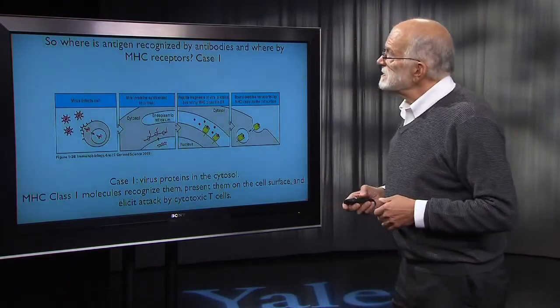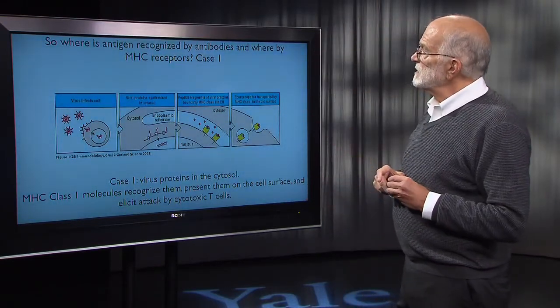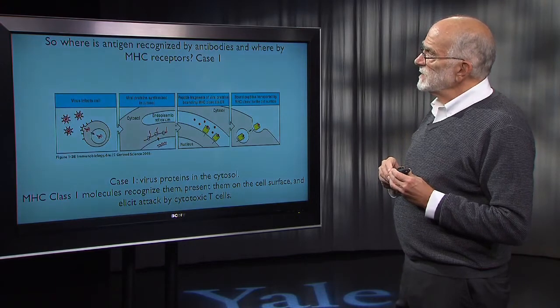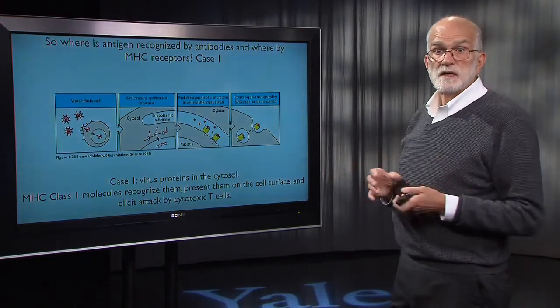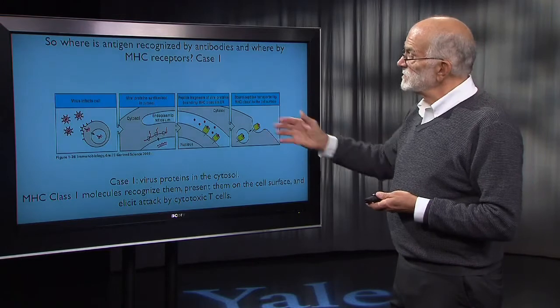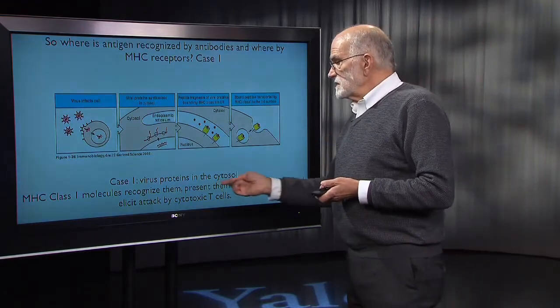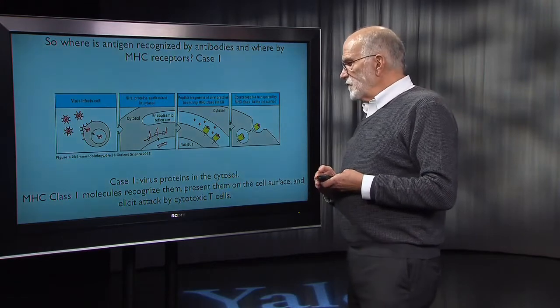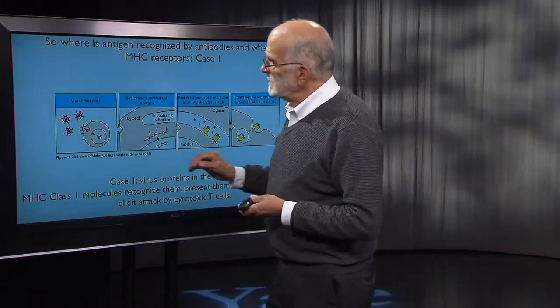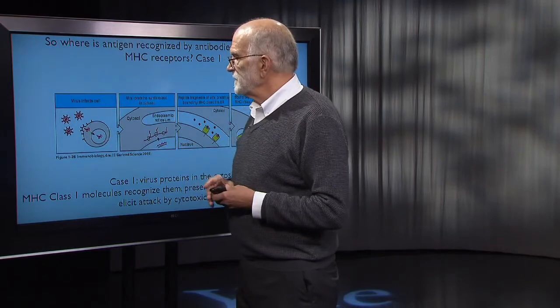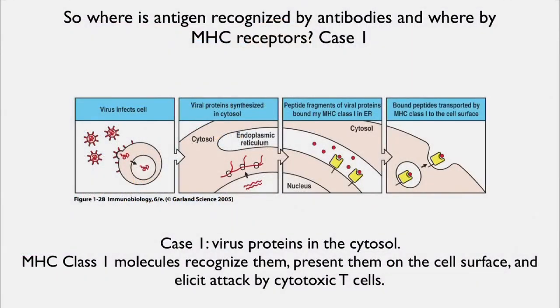So where is it that antigen is recognized by antibodies, and where is it recognized by the major histocompatibility locus receptors? Let's run through a series of cases here. Case one is that there is a virus, and there's a virus protein which is in the cell. Okay, so the virus has infected the cell. It is synthesizing protein in the cell, so there's viral protein coming off the endoplasmic reticulum.